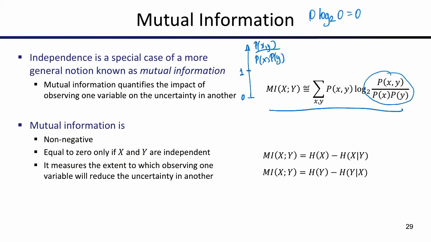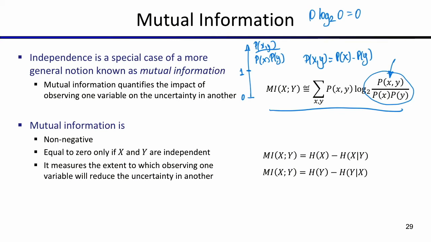The value 1 is going to happen when we have P of x and y equal to P of x times P of y. That is the definition of independence. And as this ratio increases, the dependence between the two variables is increasing too, because the joint probability of x and y is larger and larger, meaning that these two variables tend to occur together very often.